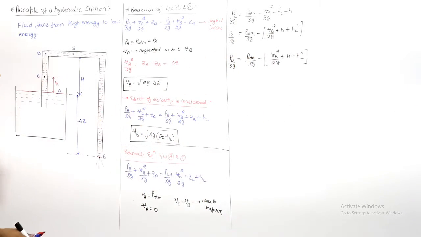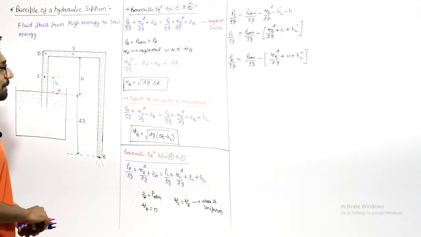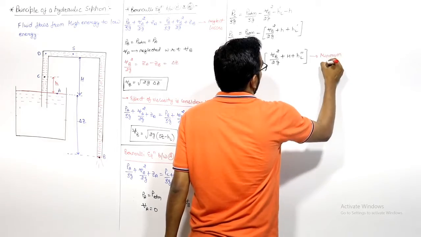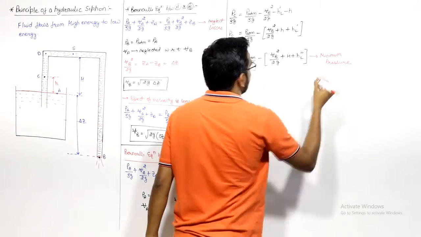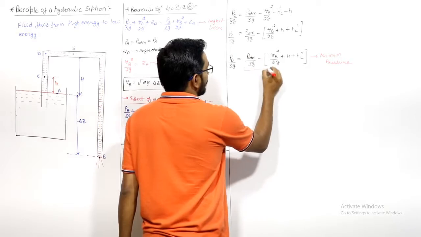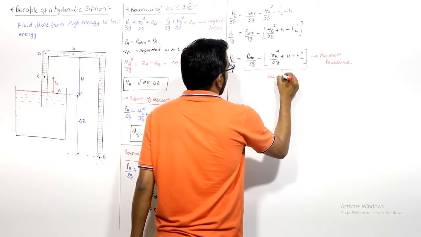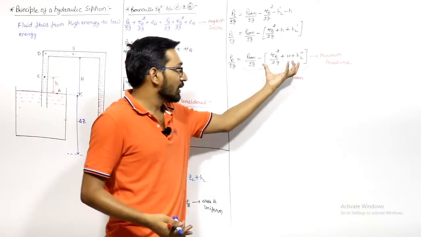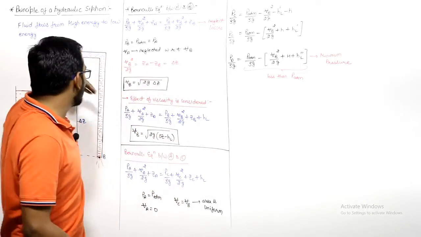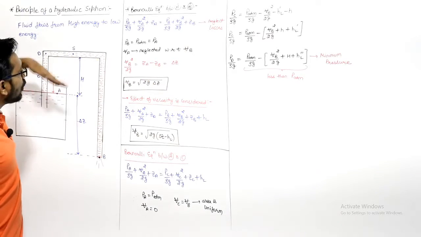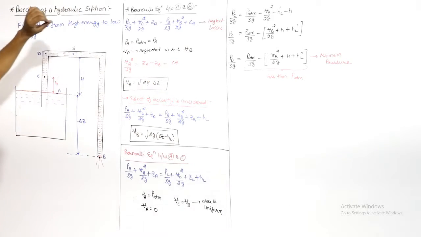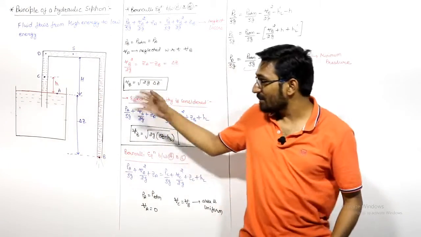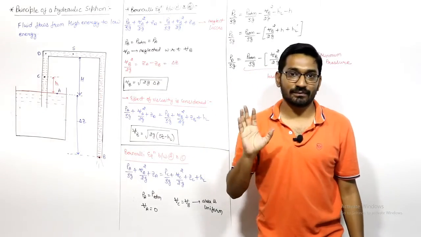Now, the problem here is that this is the minimum pressure, you know. From here the pressure will not decrease. This is the minimum pressure, and this pressure is less than atmospheric pressure by this value. If you increase this height so much that the pressure at point D reaches the vapor pressure of this liquid at this temperature, then water will start boiling, right?